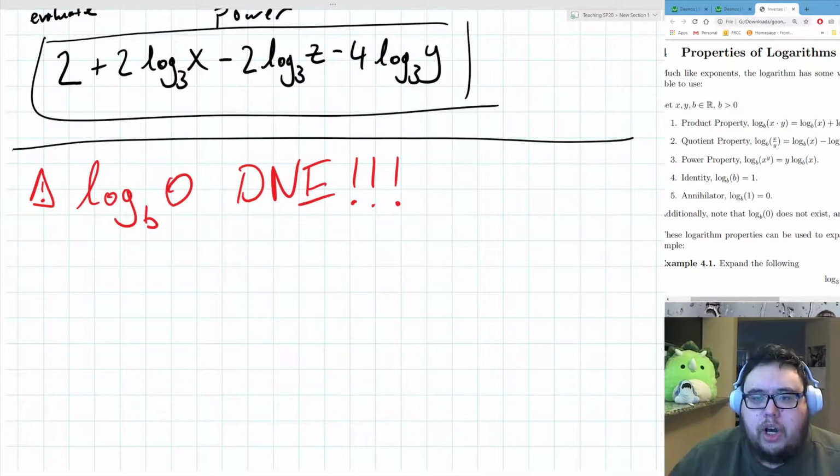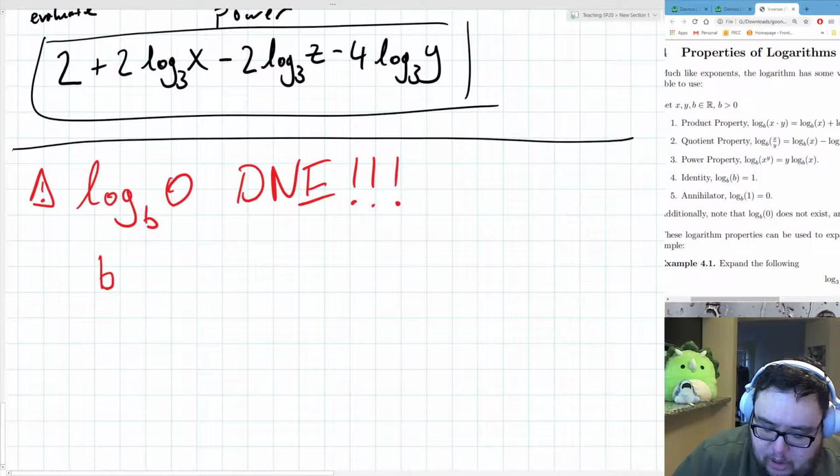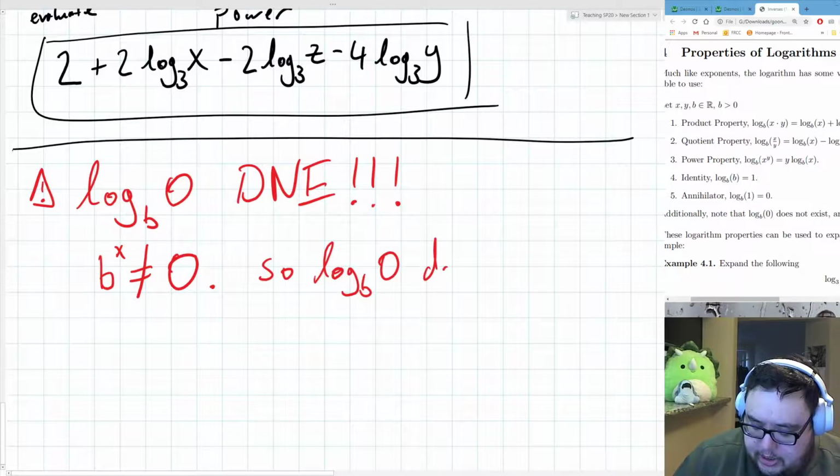If we wanted to do log base 2 of 0, we would have to find some power that we would raise 2 to get 0. But there's nothing I can raise 2 to the power of, 2 to the power of 12, 2 to the power of negative 7, all of those are still positive numbers. There's nothing, so b to the power of x is never equal to 0. So log base b of 0 does not exist.